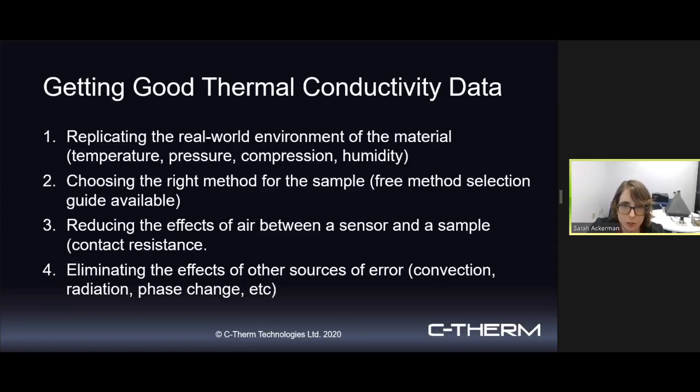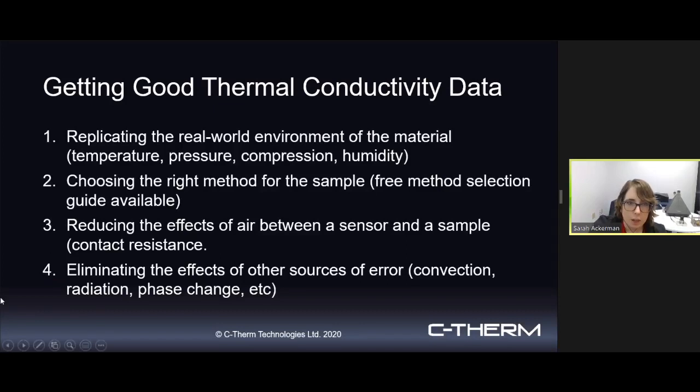And the fourth thing is you need to make sure that your experimental design eliminates the effect of other sources of error. Other sources of error will depend on the material and the test setup, but they can include things like convection, either of the material itself or from ambient environmental drafts or what have you, thermal radiation, material phase change, any kind of chemical phenomenon going on, and in rare cases, sensor property changes.